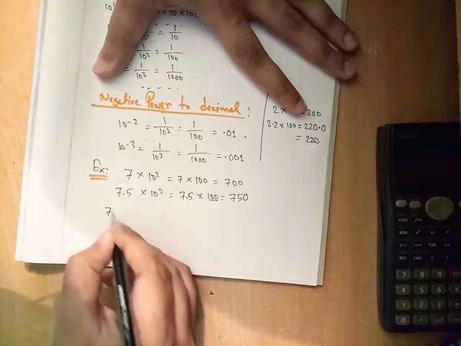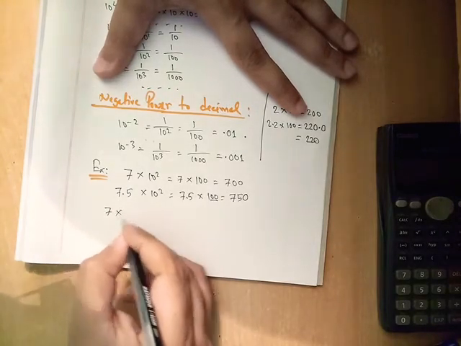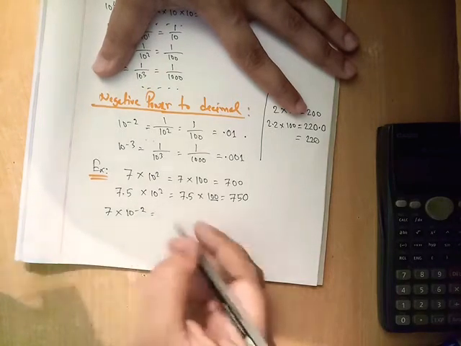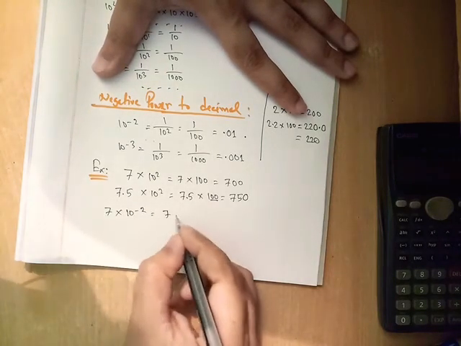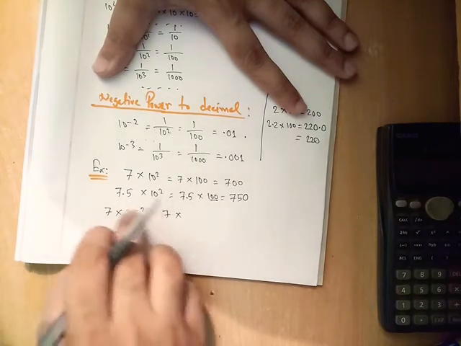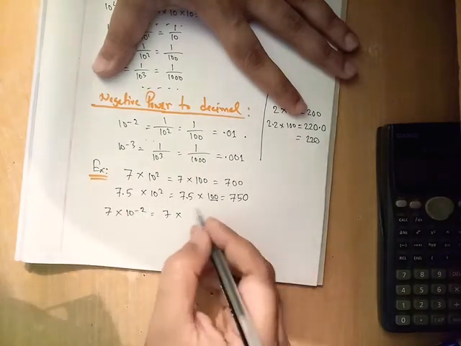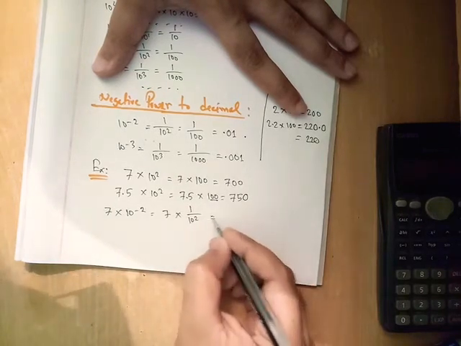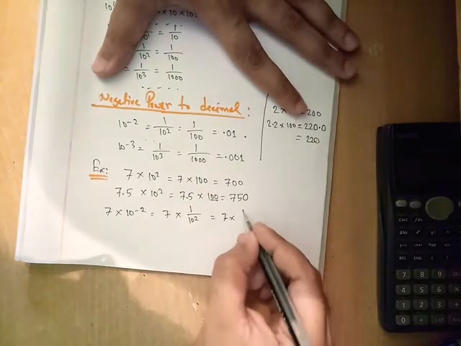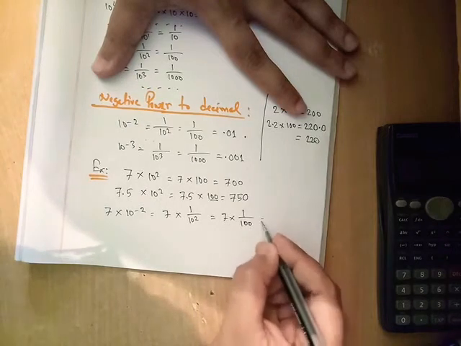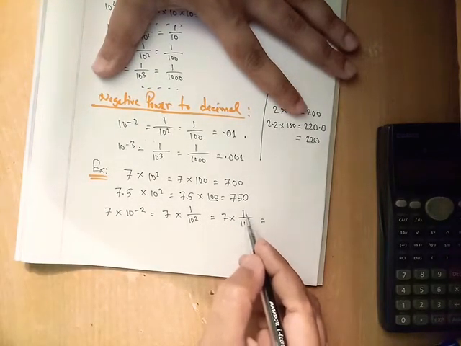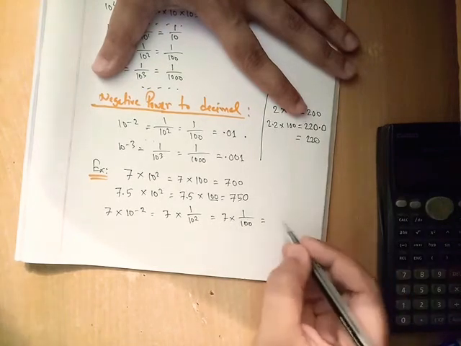Now I'm doing the same operation with negative exponents. So first, a whole number multiplying with a negative exponent. So how do I do it? 7 into, I need to transform it into a fraction. So 10 to the power minus 2 basically gives us 1 by 10 squared. If I further simplify it, 7 into 1 by 100. And whenever I'm multiplying a fraction with a whole number, let's just multiply the numerator with the whole number.